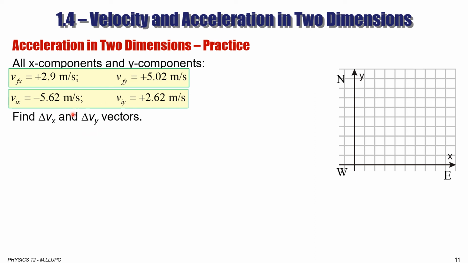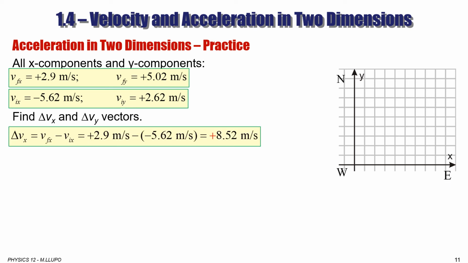And we do the same thing, V final Y minus V initial Y, to find the change in velocity on the Y axis. I know that many people make that mistake. That is something you have to pay attention to. Do not add if you need to calculate acceleration.